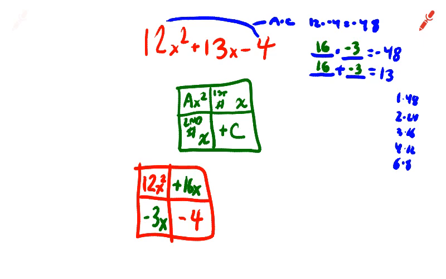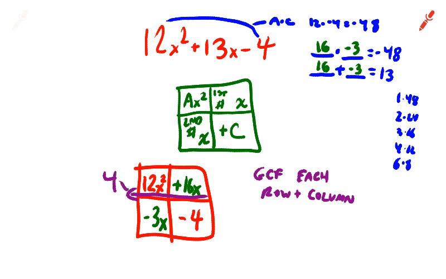Now, the way to use the rectangle is we take the greatest common factor of each row and each column. So I'll take 12x squared and 16x. I notice 12 and 16 are both divisible by 4, and both of them have an x.